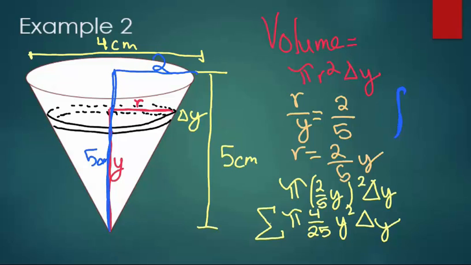So the integral is calculated from 0 to 5 of 4 pi over 25 y squared dy.